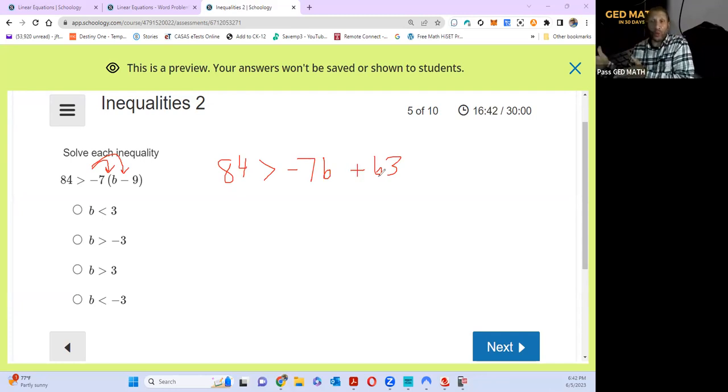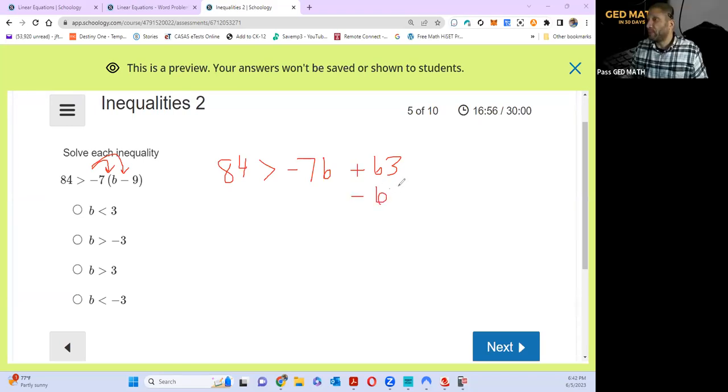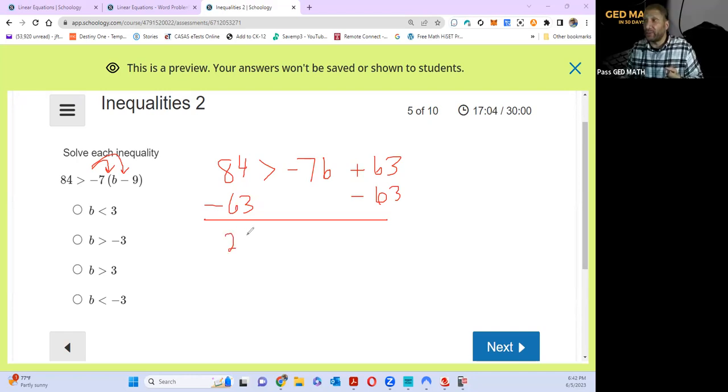My variable's on the right side. I have 2 terms on the right side. One contains the variable, one does not. So let me get rid of the term that does not have the variable, which is 63. What's the opposite of plus 63? Minus 63. Whatever I do on one side of the equation, I must do on the other side. What's 84 minus 63? 21, greater than minus 7b.